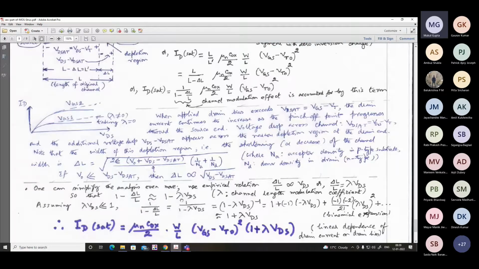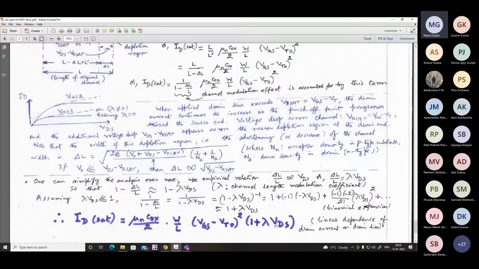The unit of lambda will be, you see, lambda into VDS. Look at the expression, 1 plus lambda VDS. This should be unitless. That means the unit of lambda is volt inverse. Okay, so 0.1 volt inverse or 0.05 volt inverse, something like that. One can simplify the analysis by introducing lambda.